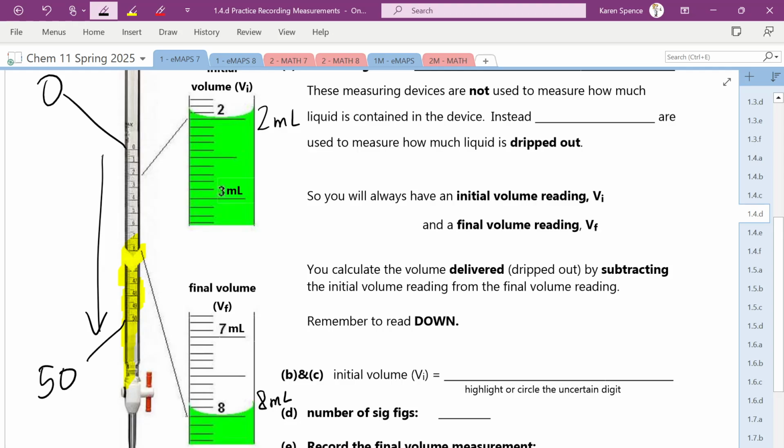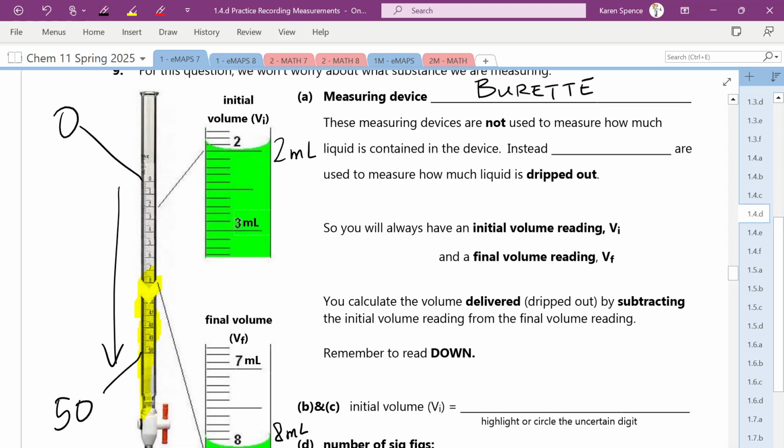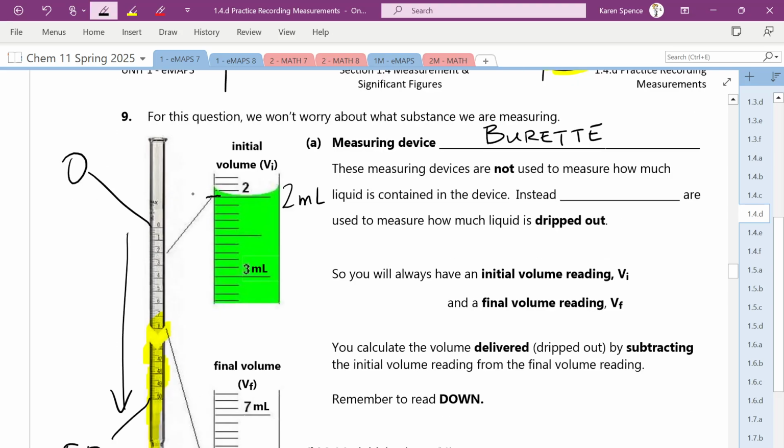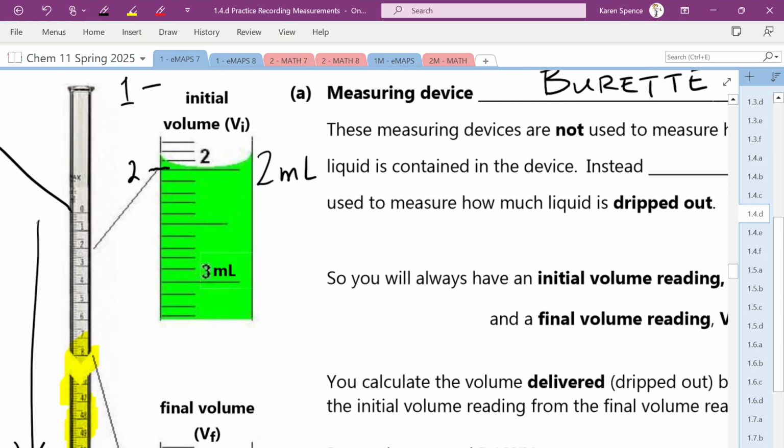People always want to do weird things like subtract the number from 50 because it reads upside down. It reads top to bottom. You say up here I have my 2, and up here somewhere I would have my number 1. So if I am actually measuring this, I would say that my initial volume is either 2 point something or 1.99.